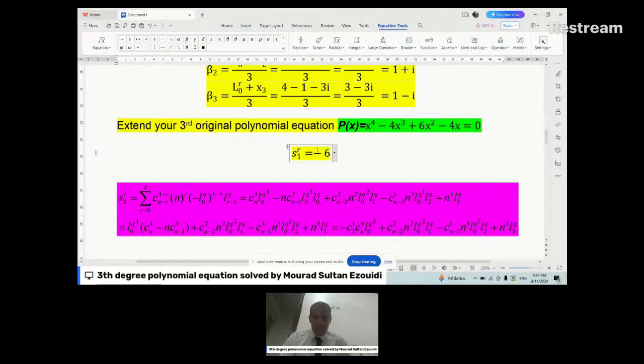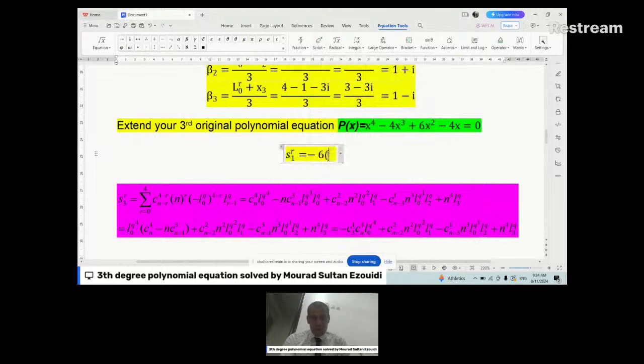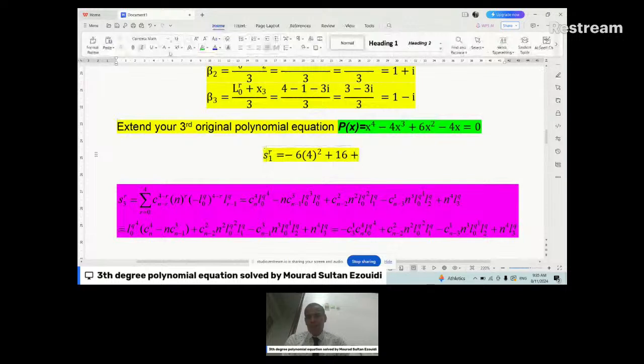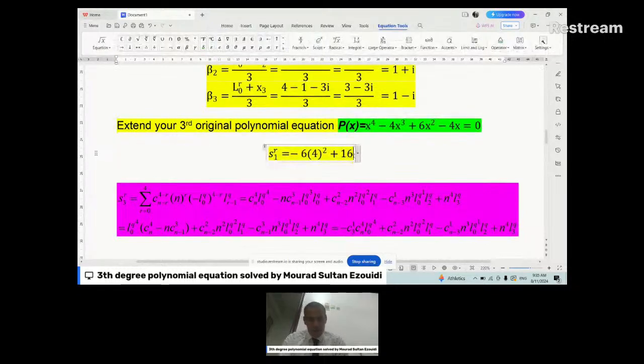Negative 6 times 4 squared, between parentheses, 4 squared is 16, plus 16 times 6.